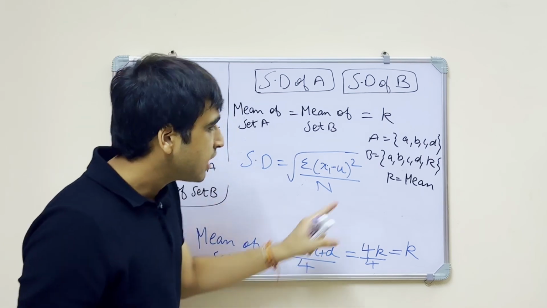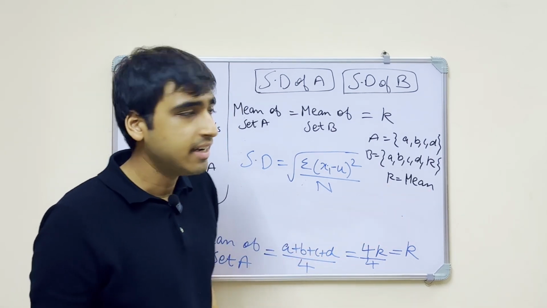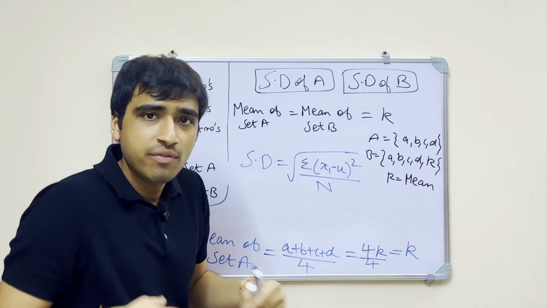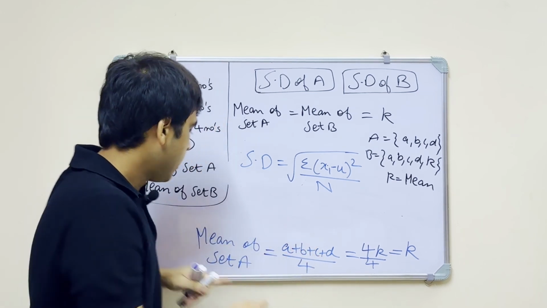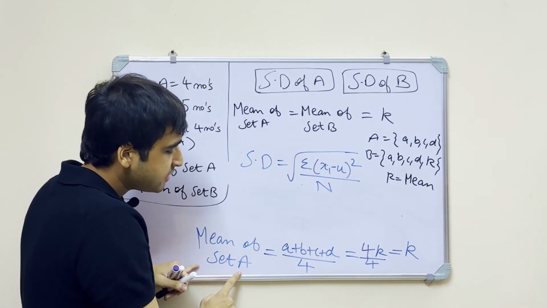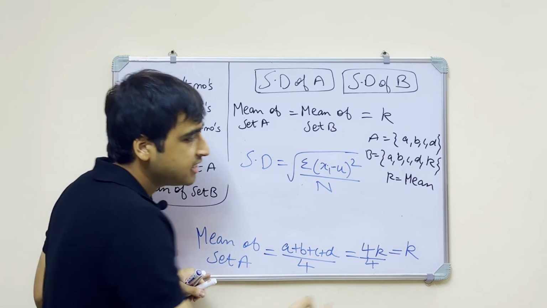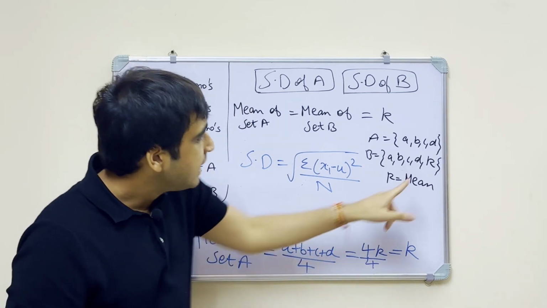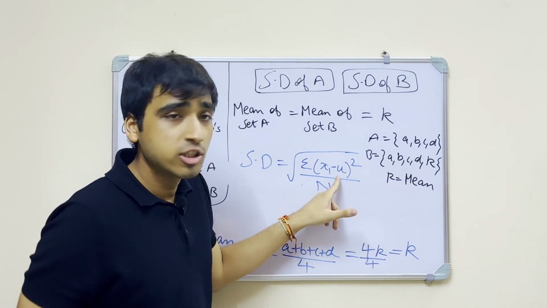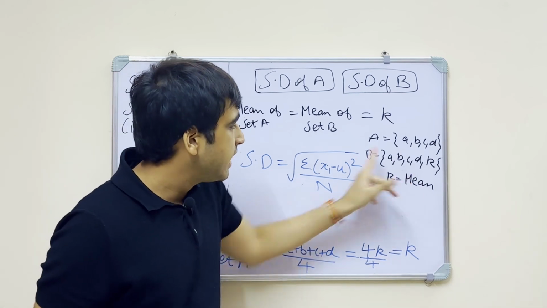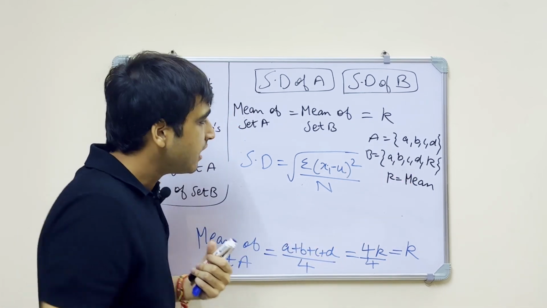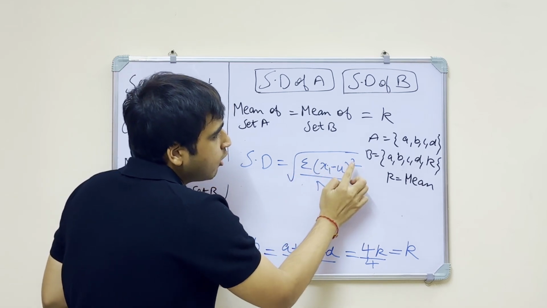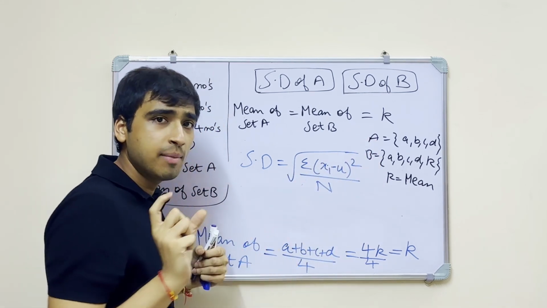But we also know that K is equal to the mean. So K minus mu eventually becomes 0. We found out that the mean of set A is equal to the mean of set B, which is equal to K. So when you do K minus mu, because mu is nothing but the mean, K minus mu becomes 0. So the upper part for both standard deviations remains the same.